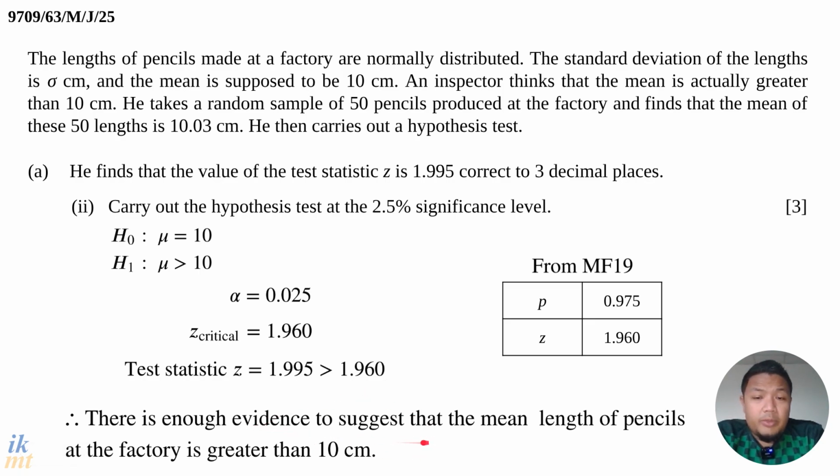Now how to write this conclusion? Simple enough. If you do reject the null hypothesis, then just say there is enough evidence to suggest that, and then we are checking that the mean is greater than 10 cm. So we'll just use the same phrasing just to be safe, right? So we'll say there is enough evidence to suggest that the mean length of pencils at the factory is greater than 10 cm.